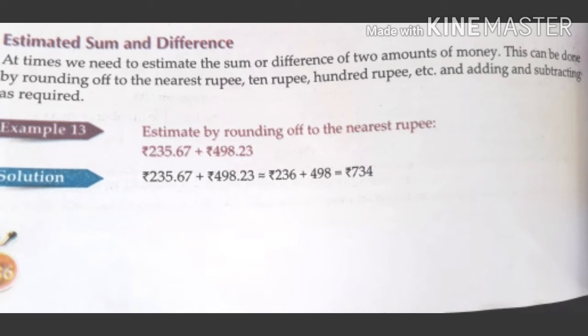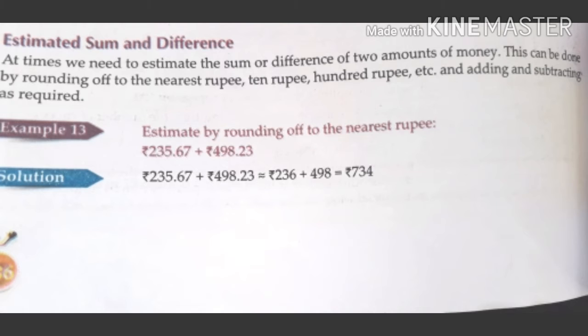Estimate by rounding to the nearest rupee: 235.67 rupees plus 498.23 rupees. In 235.67, 6 is there, so the nearest rupee is 236, plus in 498.23, 2 is there, so it is 498. So the total sum of this is 734 rupees.